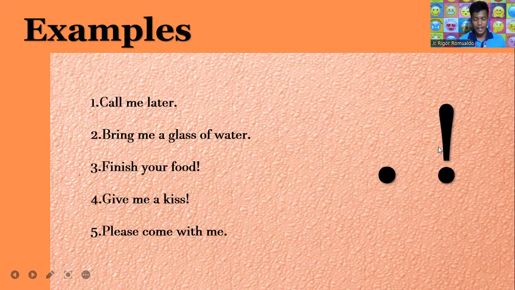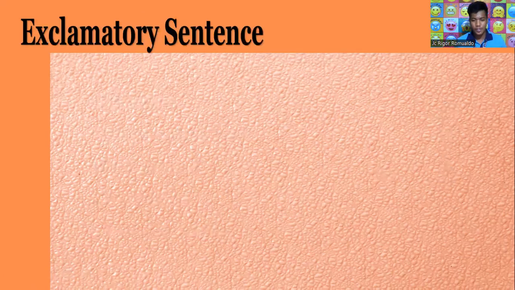Okay, let's proceed to the last, which is the exclamatory sentence. This is maybe the easiest for you to understand of the 4 types of sentence. When we say exclamatory sentence, it's all about emotion. When you make a sentence that is very emotive or very emotional, that's under exclamatory sentence.